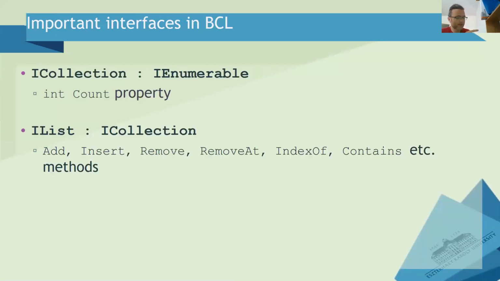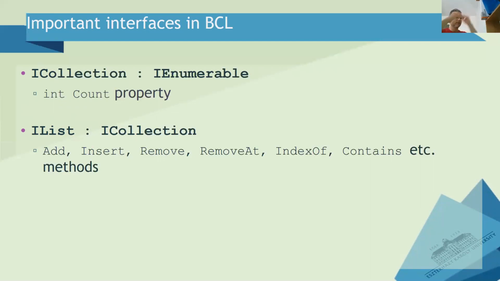I would like to mention some other interfaces. I'm not going to write any demo, I'm just using my slideshow now. Last time I explained to you that interfaces are built on top of each other.